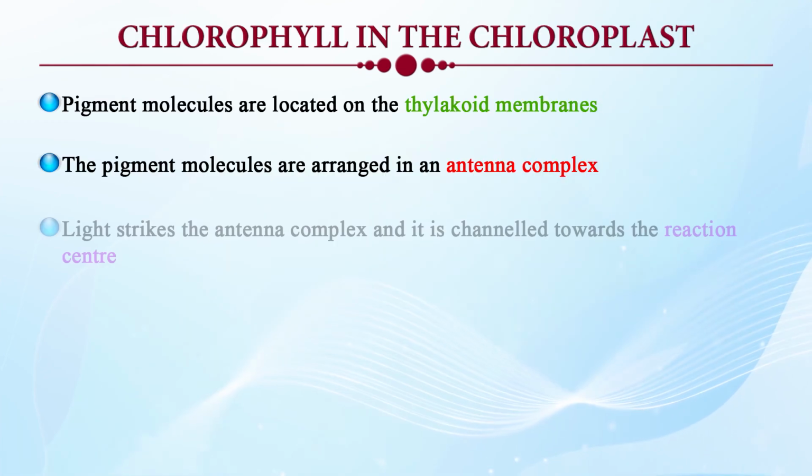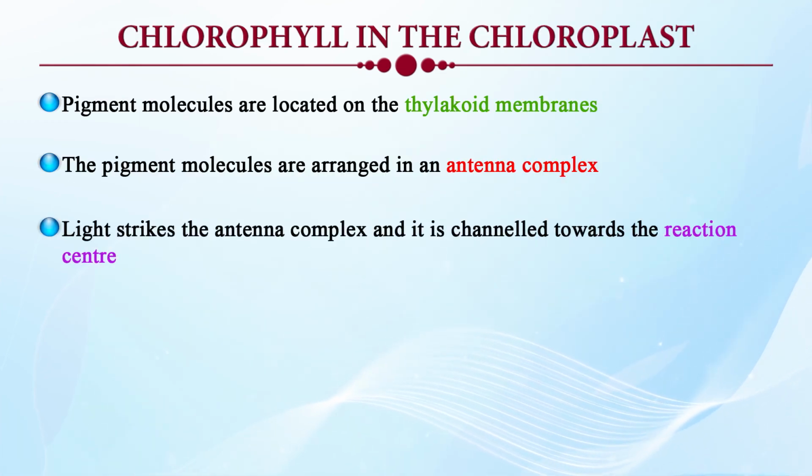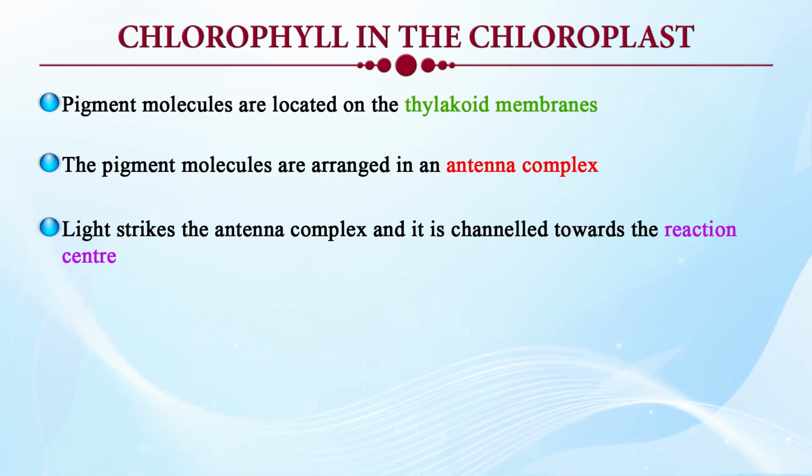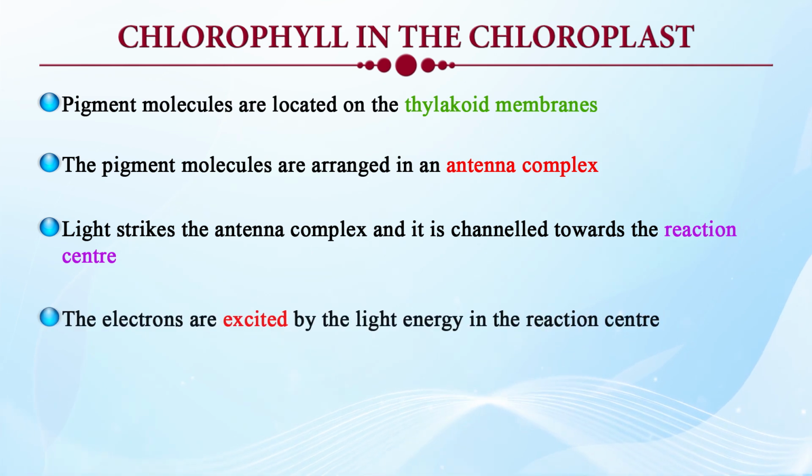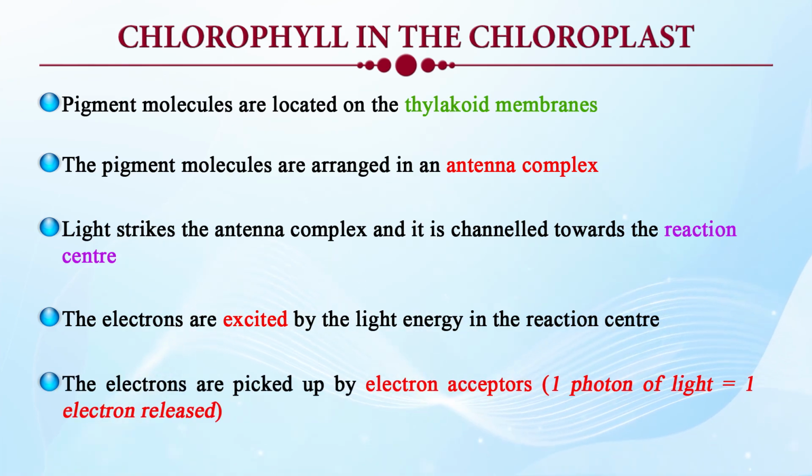But then the light, when it strikes the antenna complex, has to be channelized towards the reaction center, and you will agree that all the electrons are excited by the light energy at the reaction center. Then we are talking about the photons. Let us now try to quantify this whole statement.